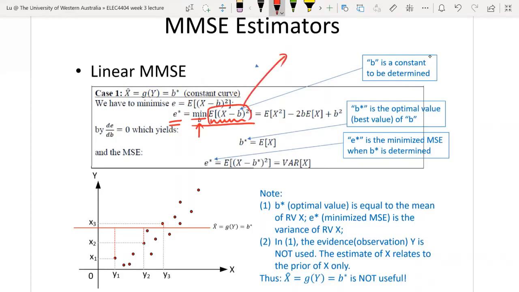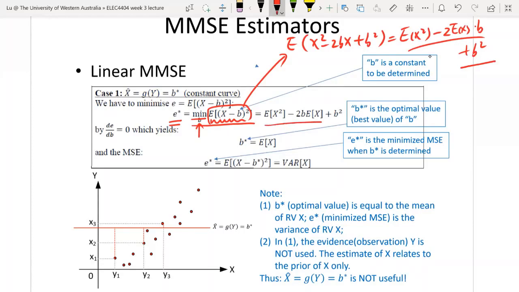This is equal to E of x squared minus 2bx plus b squared, which equals E of x squared minus 2 E of x times b plus b squared.